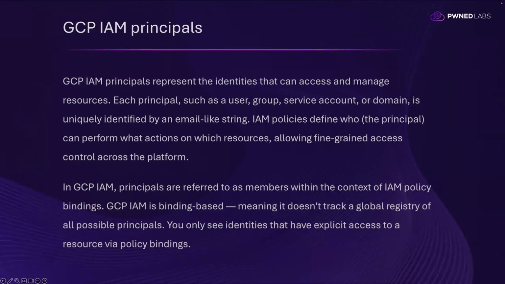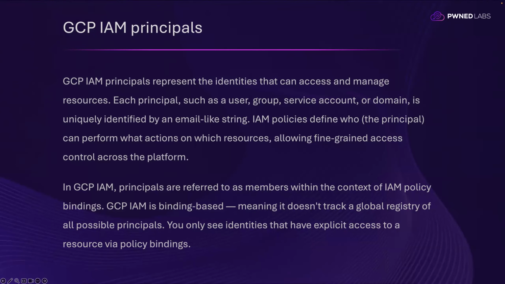So instead of just showing a list of users, if you click into a user and you see the policies there, it shows more like a table of bindings. So it doesn't really track a global registry of all possible principals that you can see. You really see at a project level the bindings only.